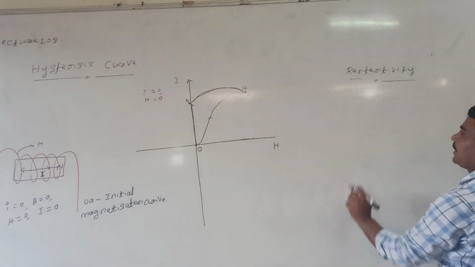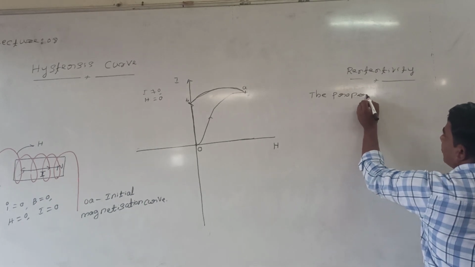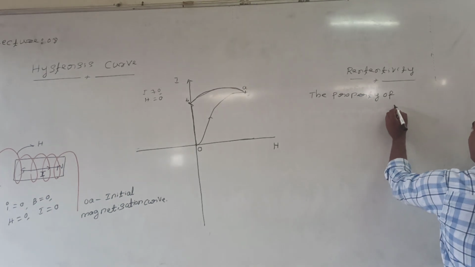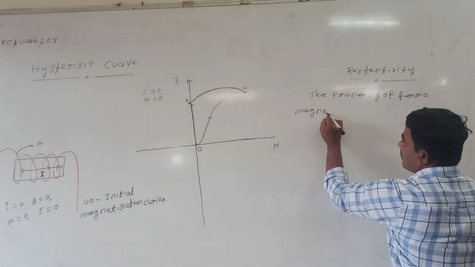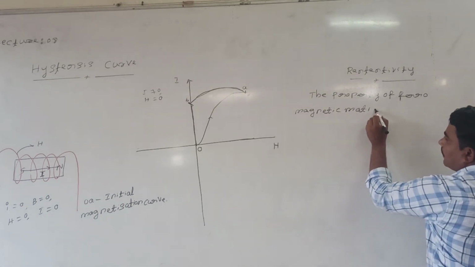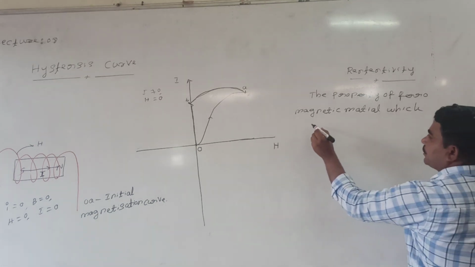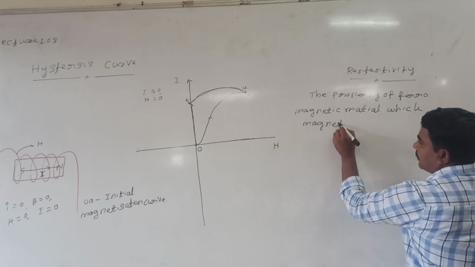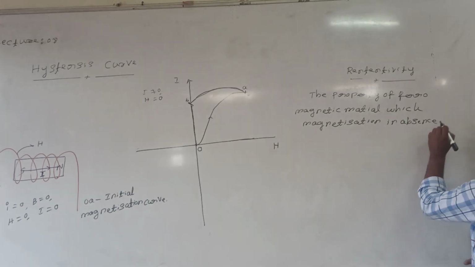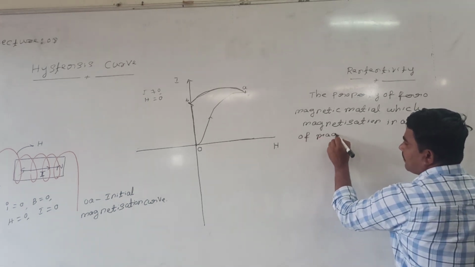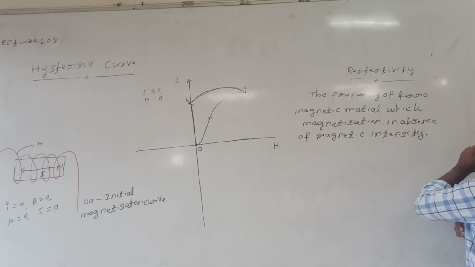I can define the term retentivity: it is the property of a ferromagnetic material which shows magnetization in the absence of magnetic intensity. So this property we call retentivity.